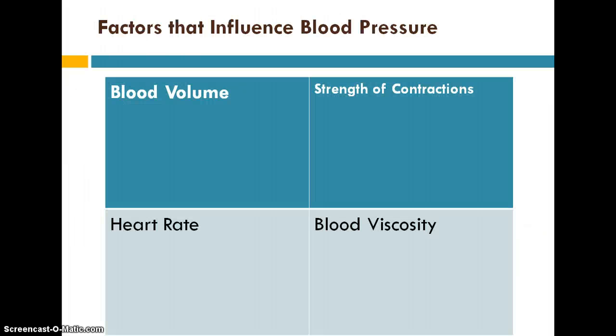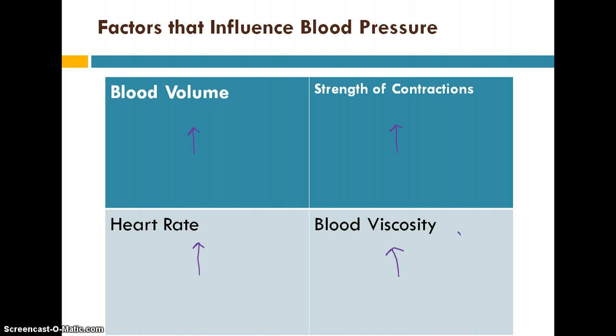Now, there are a lot of things that can influence blood pressure, but I just want to show you a couple today. And they're actually pretty easy because if you increase any of them, how much blood you have, how strong your heart contracts, how fast your heart beats and your pulse, or how thick your blood is, those are all going to raise your blood pressure. But fortunately, we can control blood pressure through medicine really well.